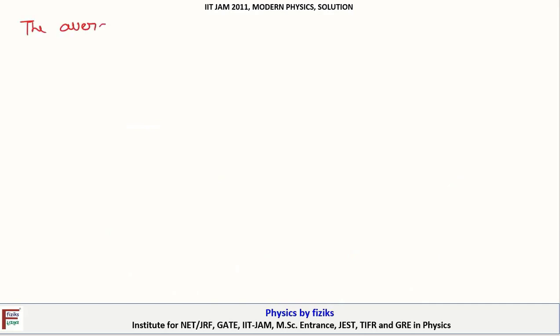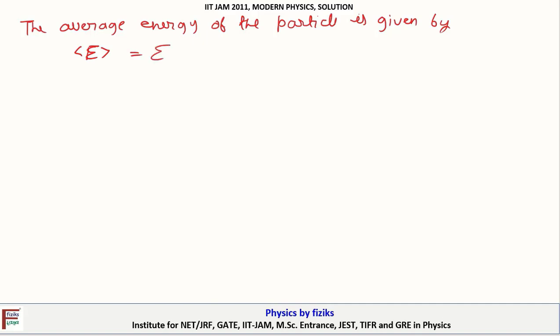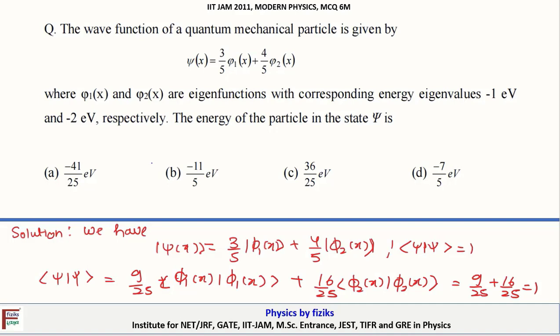The average energy of the particle is given by the average of E equal to the summation of Pi Ei, where P is the probability of finding the particle.